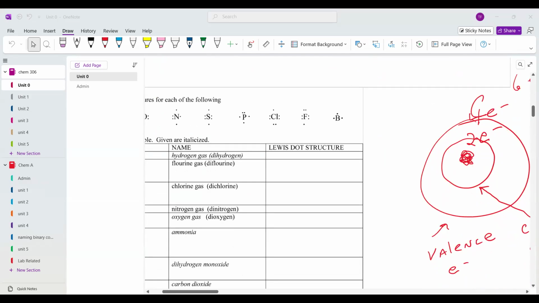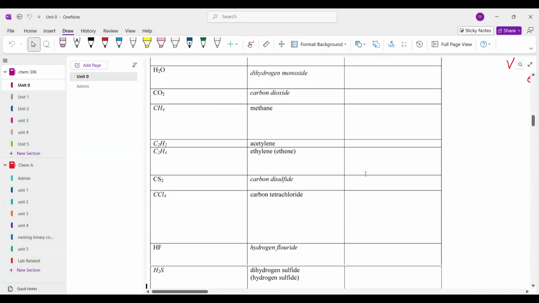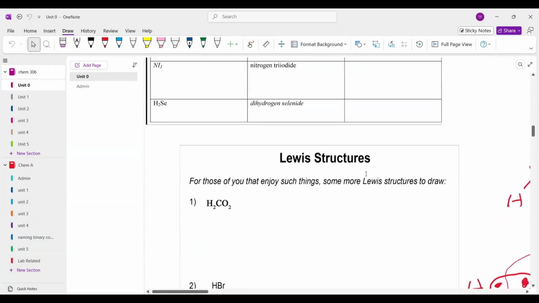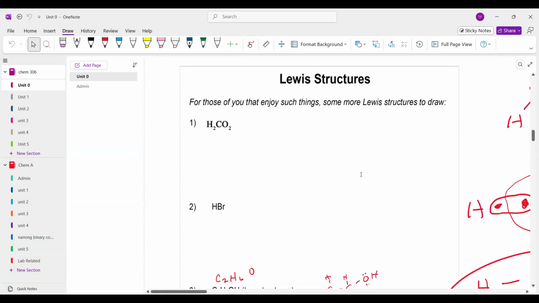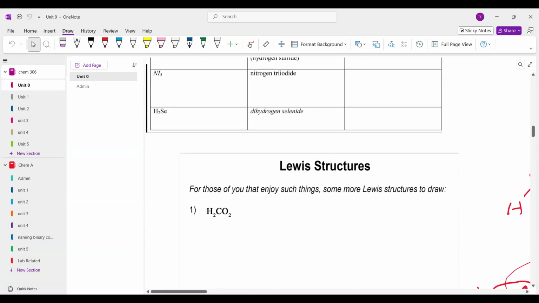We're going to be using a line formula that I'll show you after we do this. Now, these are examples. You're going to be given a formula, and for example, when we synthesize stuff, synthesize means you're making something. And you have starting materials called reactants, ending materials called products. And products are what you are trying to make or synthesize.